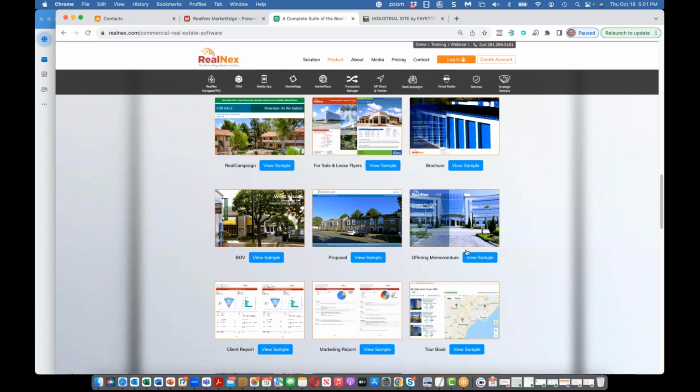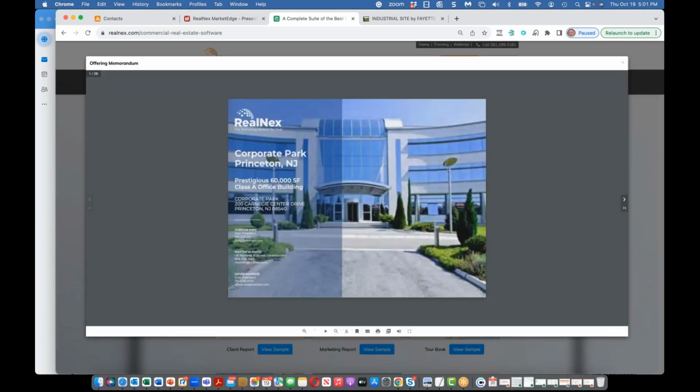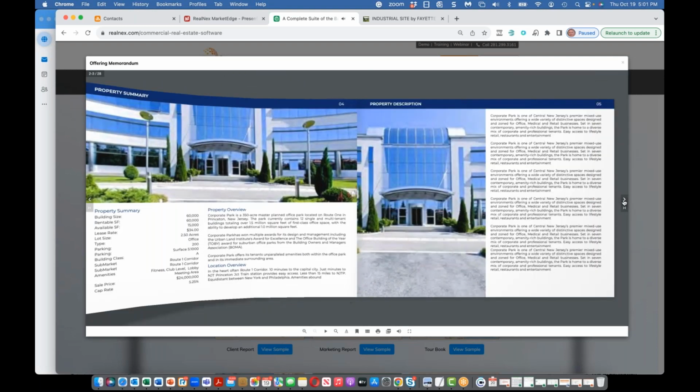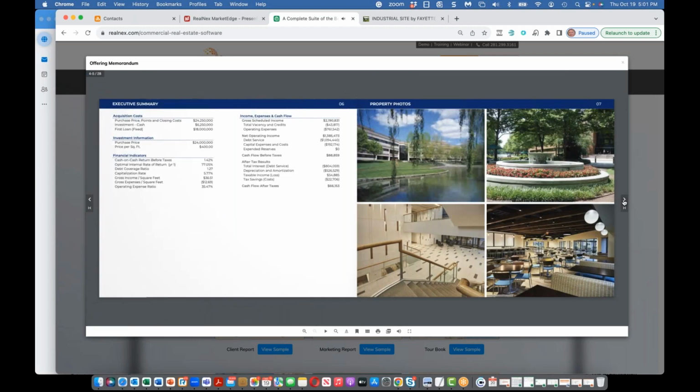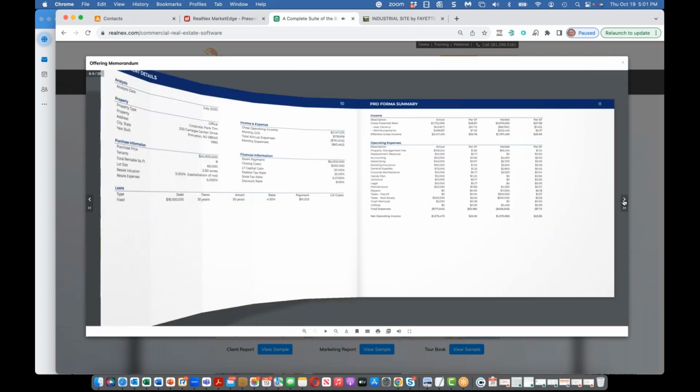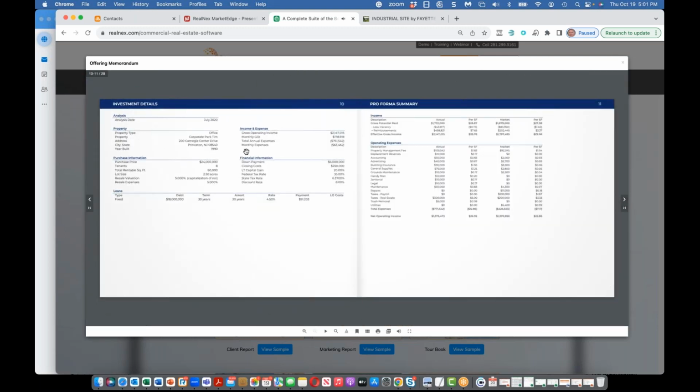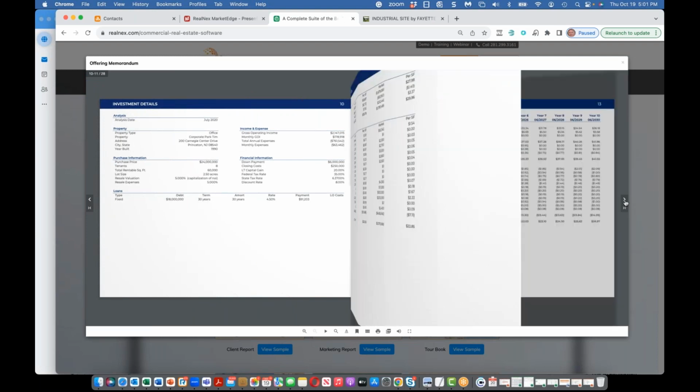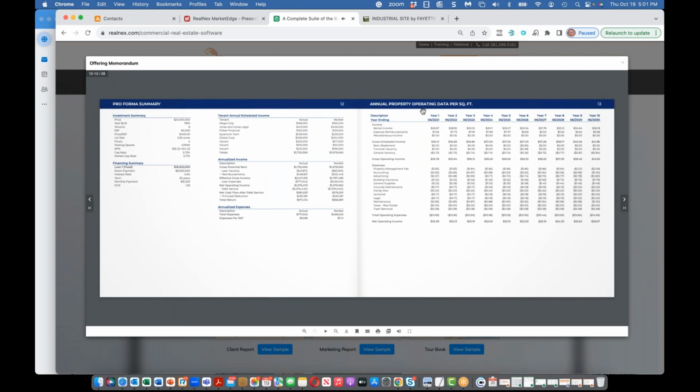You can use it to create full offering memos where you have similar information presented, but much more detailed analyses where you have the investment details and the operating expenses broken down. That APOD report that Jeff talked about, the pro forma summary.